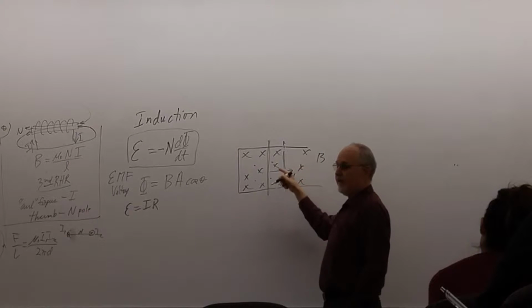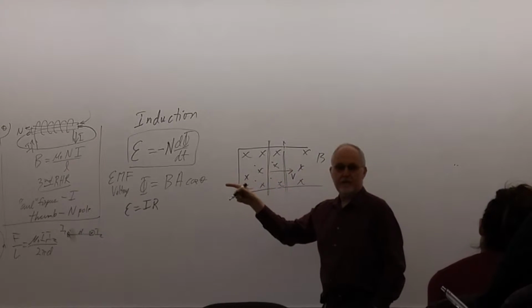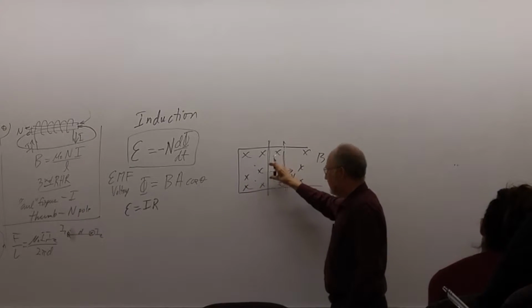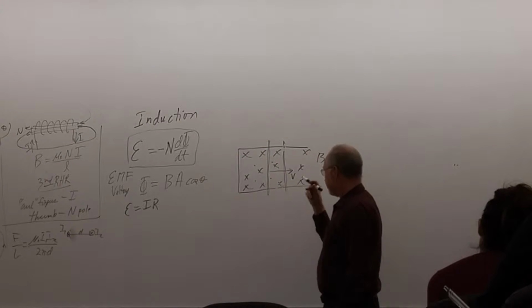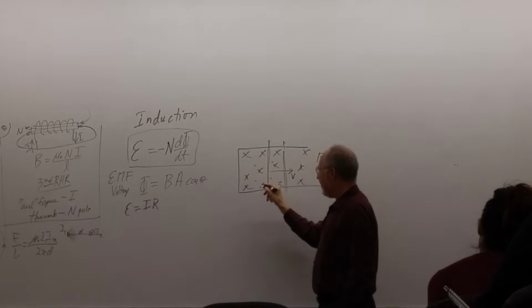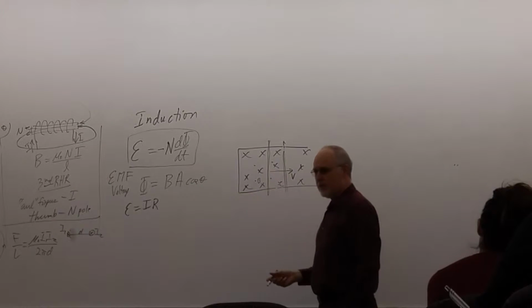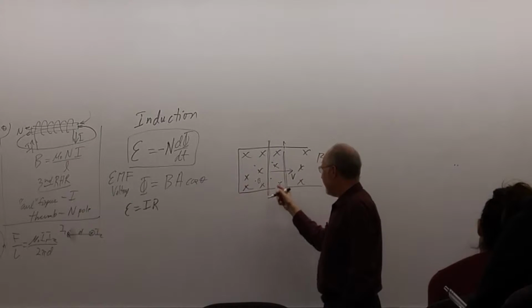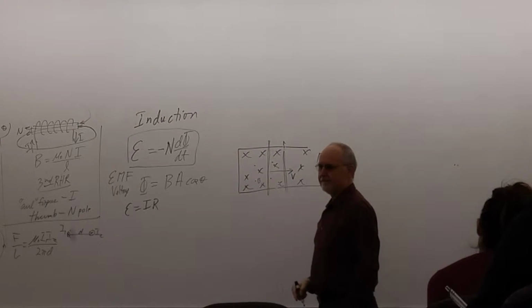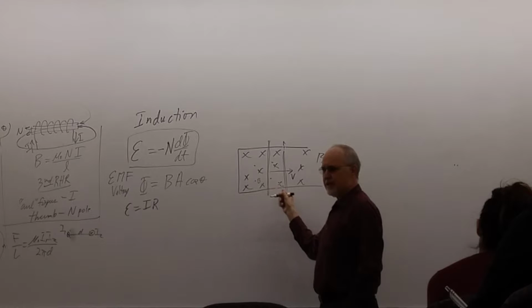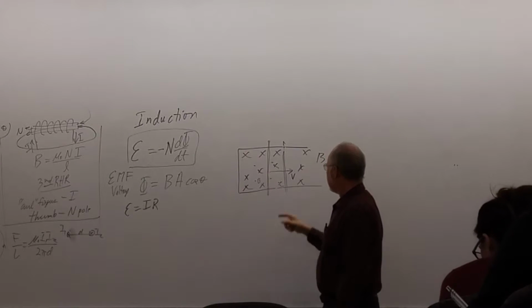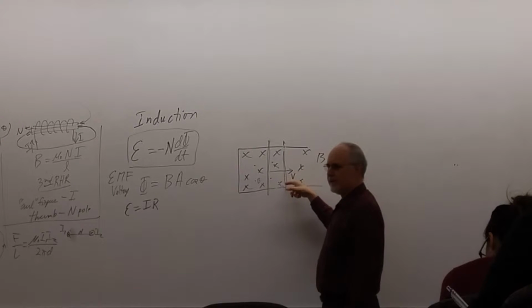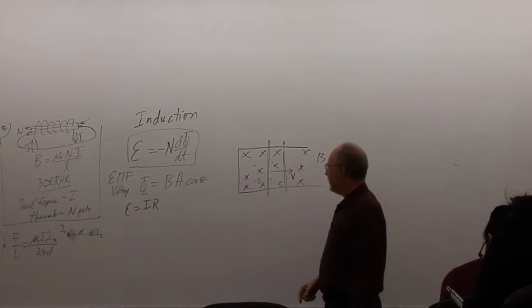As this wire is moving, now if the wire is stationary, you don't get any induced voltage. You have this moving wire going across here. Well, if the current's coming out, the magnetic field due to the current is coming out, which way is the current? So pick one of the four sides. I'm going to pick this vertical one, the wire itself.